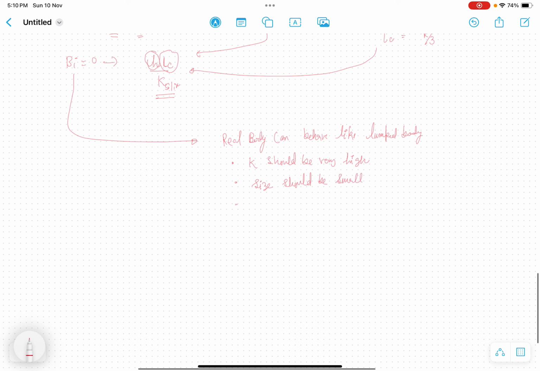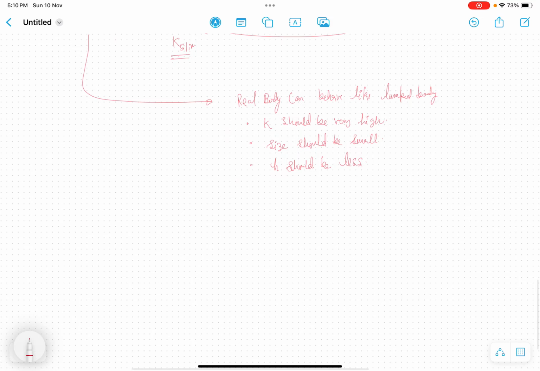And the average heat transfer coefficient of the surrounding is less. Average heat transfer coefficient can be less. It is minimum for natural convection for gases, as we have seen at the starting of the course. Okay.